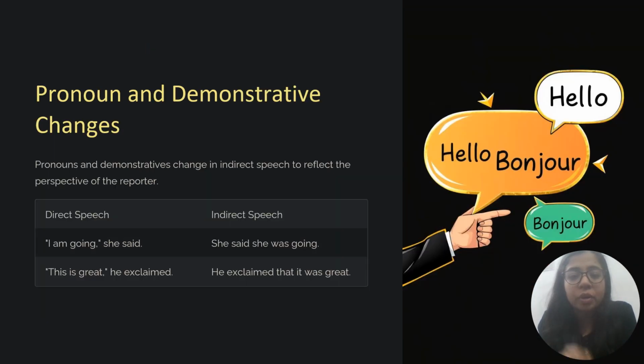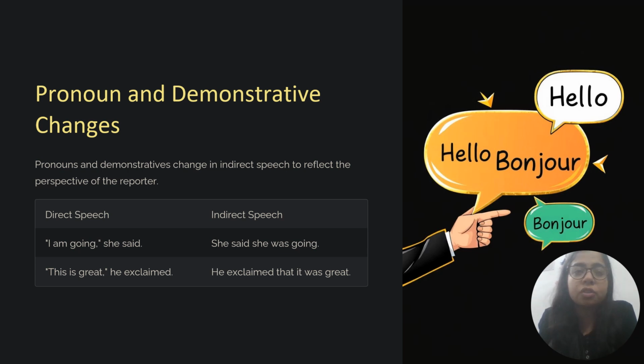Next is pronoun and demonstrative changes. In direct speech: "I am going," she said. In indirect speech it is written: she said that she was going. Here we are changing the pronoun. Here it was "I," it becomes "she," because she said "I am going"; she's talking about herself.